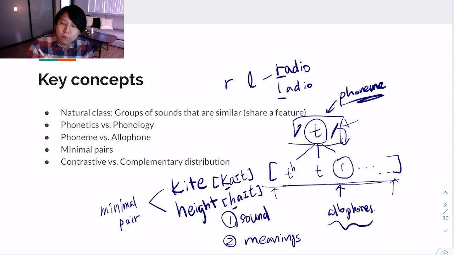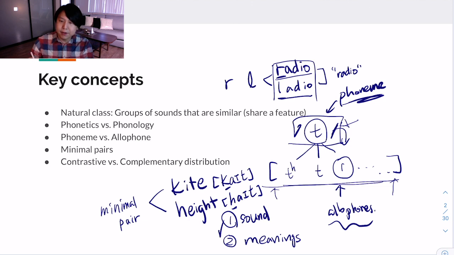But they do not form a minimal pair because it does not satisfy the second criterion here. They don't have different meanings. They sound different, but they mean the same thing, radio, in Korean. So in Korean, radio and radio are not a minimal pair because their meanings are not different. Their meanings are the same. So that's why R and L is not a separate phoneme in the Korean language.